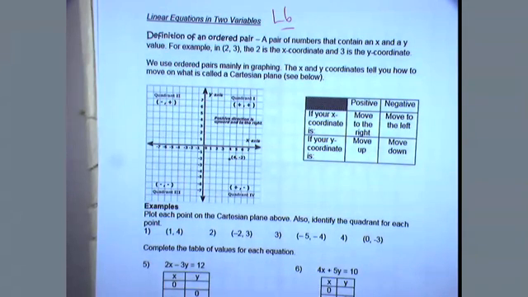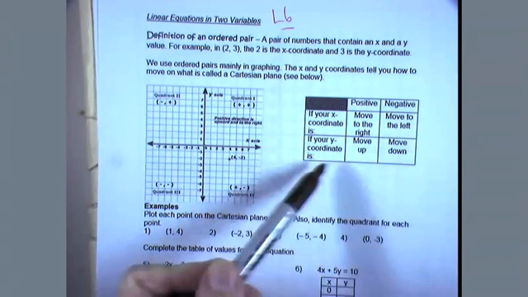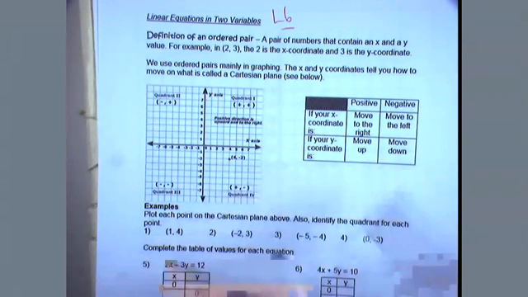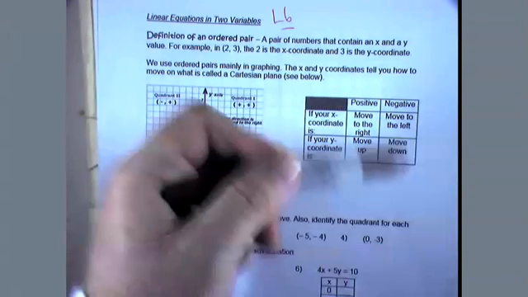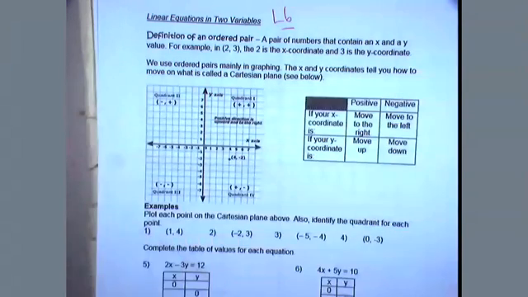If your y-coordinate is positive, then you go up that certain number of spaces. And if your y-coordinate is negative, then you move down that number of spaces. So, I wanted to tell you what the x and the y coordinates mean here on the Cartesian plane.